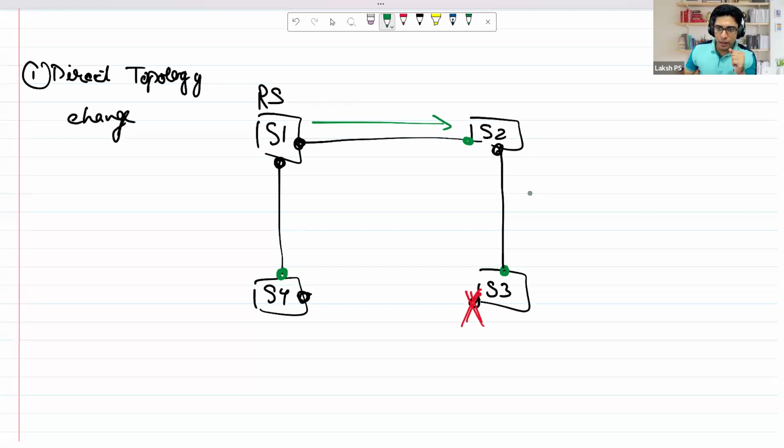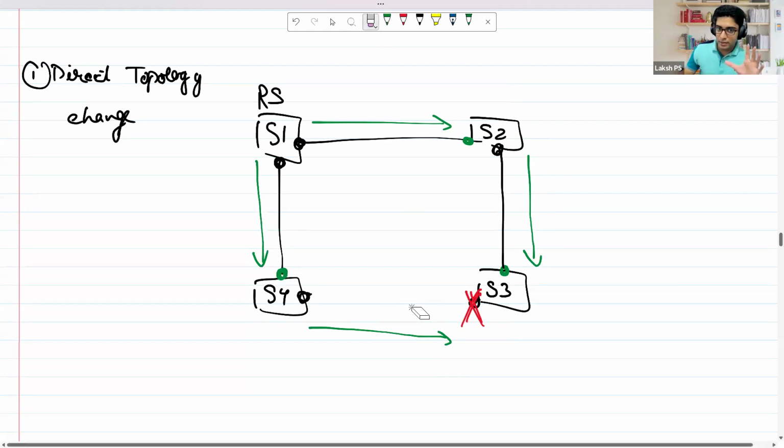Switch 2 will receive it and forward it to switch 3. Similarly, switch 1 will forward it to switch 4. Switch 4 will forward it to switch 3. However, on the blocked interface, it is not going to receive it. It is not going to accept it on the block. Is everyone clear with this explanation?